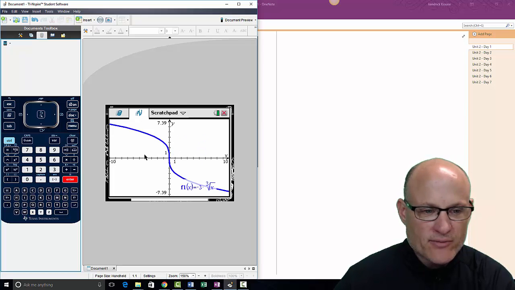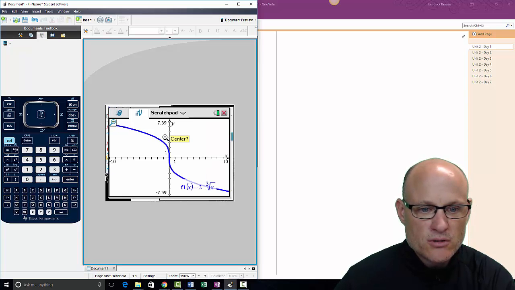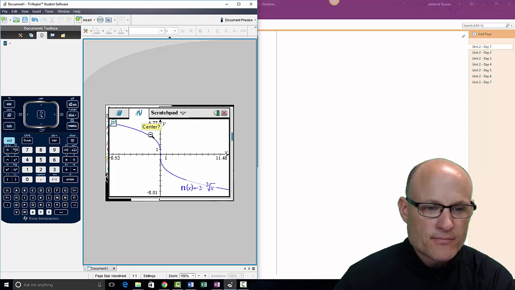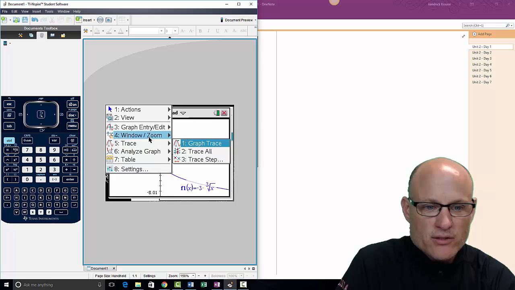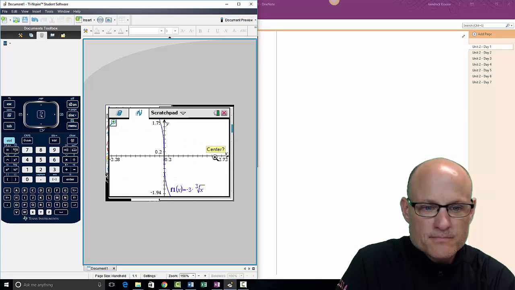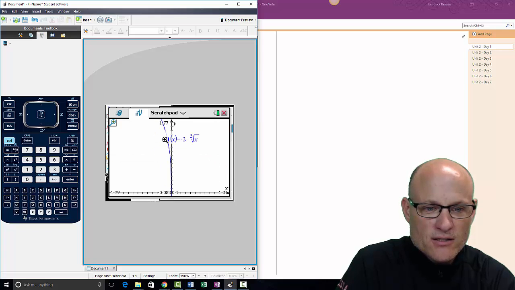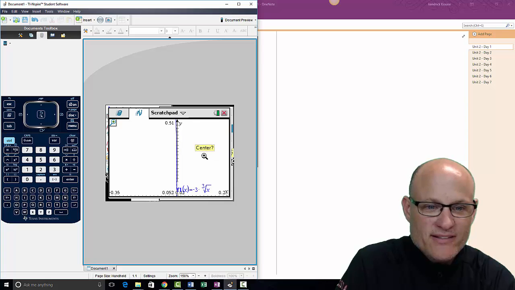It looks like it doesn't pass. But watch this. Menu, zoom. Let me do it with my mouse. Menu, zoom in. Do you see how it may look like it's up and down, but look, as we get closer and closer, you'll notice it's just a little bit off. Let's see if I can do this.